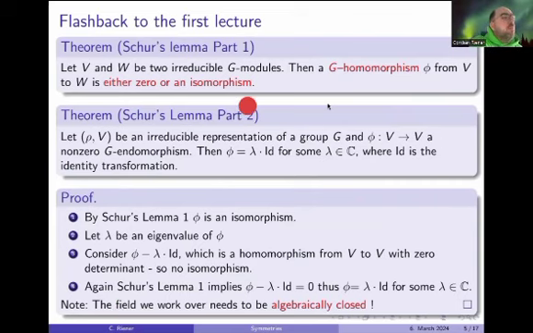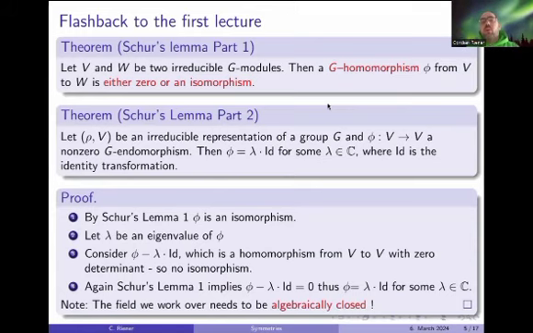So we can again use the first part of Schur's lemma to say that this map is not invertible, not an isomorphism, so it has to be the zero map. Because this has to be the zero map, it means that my phi has to be lambda times the identity for some lambda in the complex numbers.